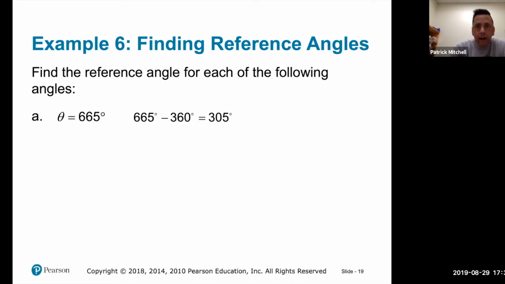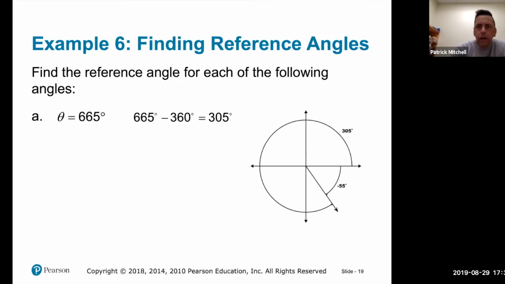So now it's, again, just like the problems we were just doing, it helps to draw a picture of the angle. And I managed to find one. So 305 degrees is over in quadrant 4, which means the reference angle will be 360 degrees minus 305 degrees, which is 55 degrees.